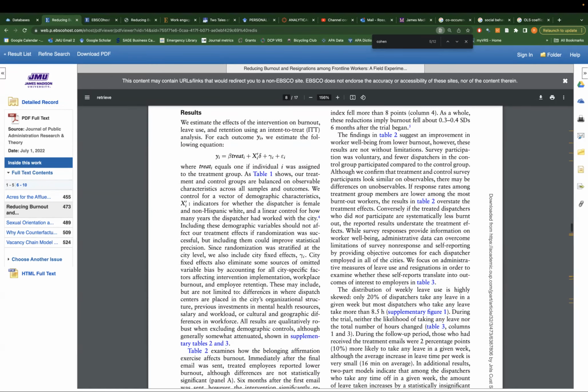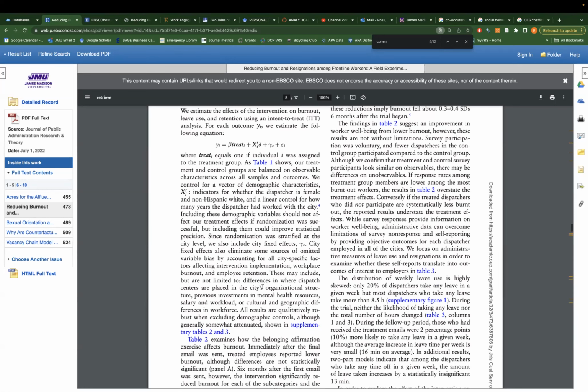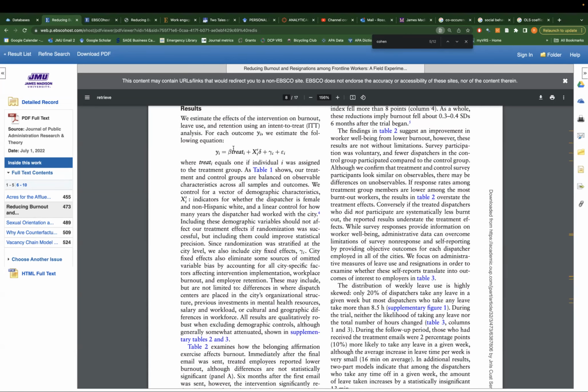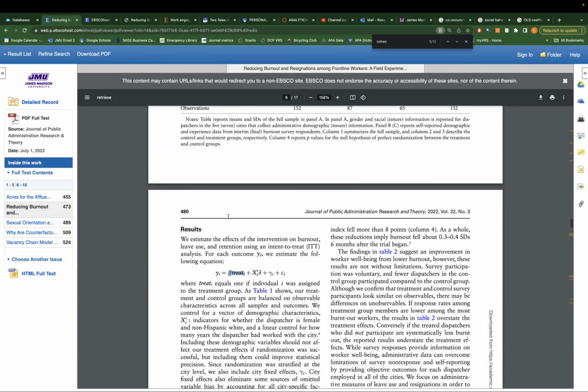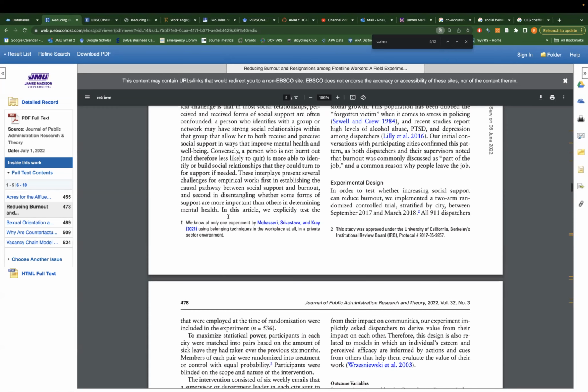And the beauty of this, like all experiments and unlike all the other types of study designs, is that this is a causal relationship. So the only difference between the treatment group and the control group is that they got these emails that asked for social support. Not just that they got emails, but emails that asked for social support. Otherwise, as we know from reading the method section, they were randomly assigned.